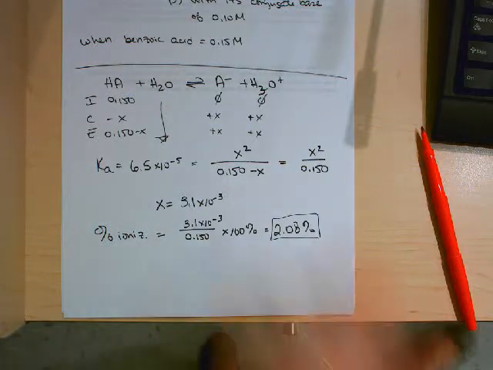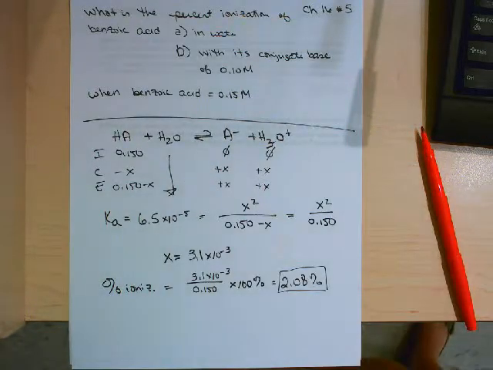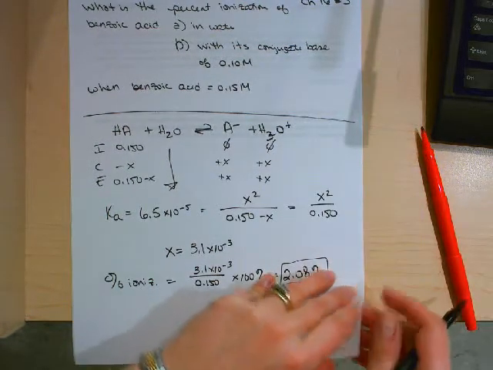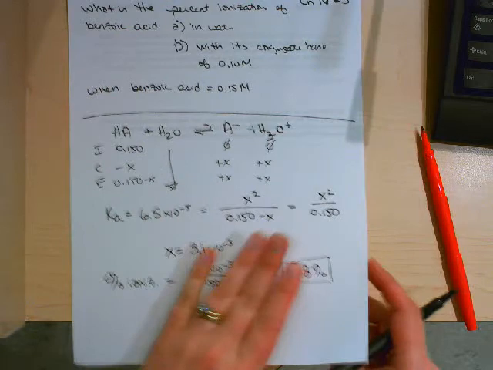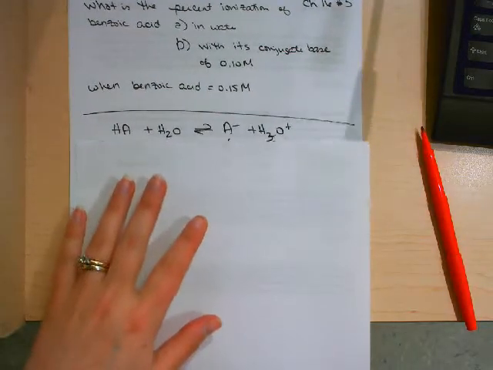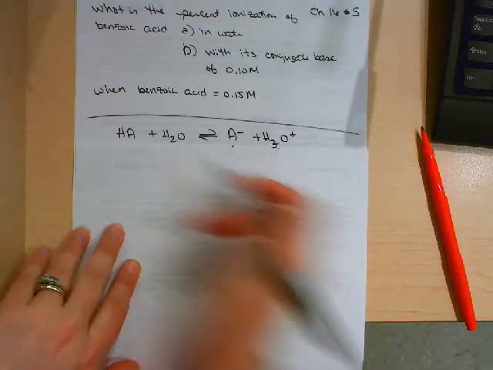Alright, so then part B is, what if there's now conjugate acid and base? Now it's a buffer. Alright, so we'll change things up a little bit. Look how clever I am. I can use my same chart.